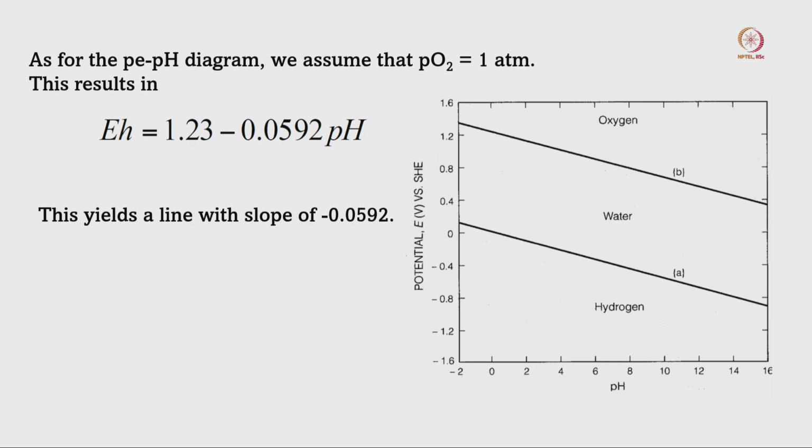That means it has a constant value, and this is the slope of the line. So, this is my x and this is my slope. So, this is my 0.0592 curve.